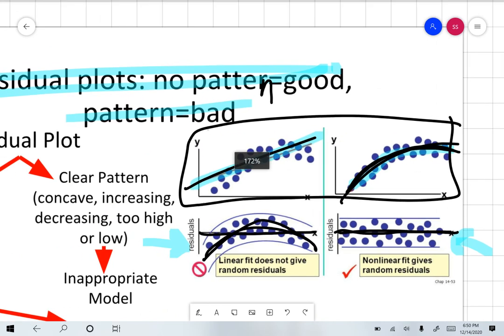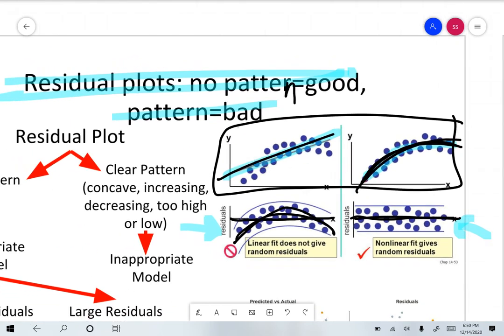So this is what it means when, if there's not a pattern, it's good. It means it's a good fit, meaning here we had an exponential relationship. So our residual plot looked kind of scattered and random, okay, but still fairly close to the line. Whereas here, our data was the same.